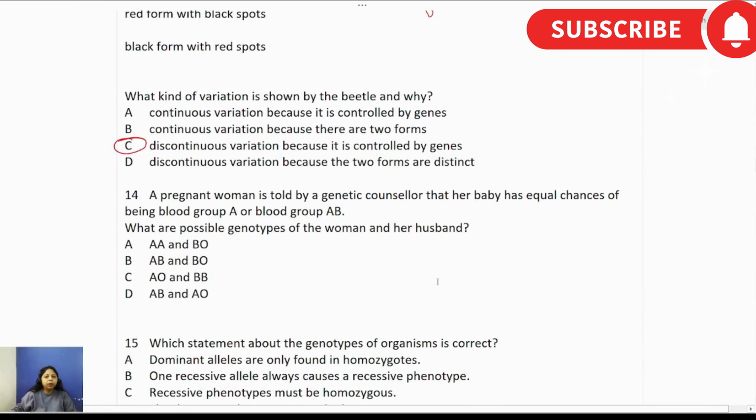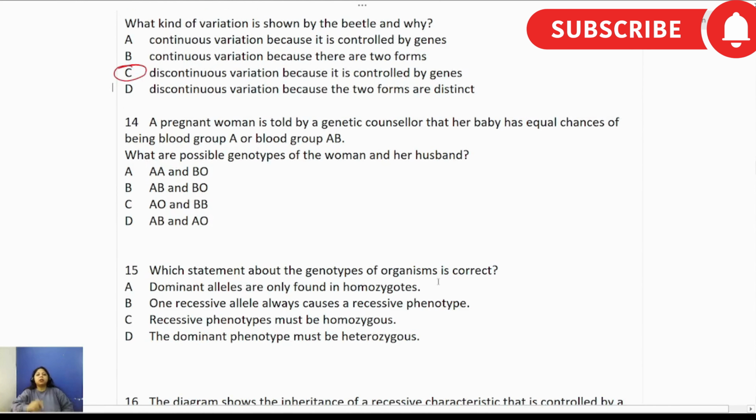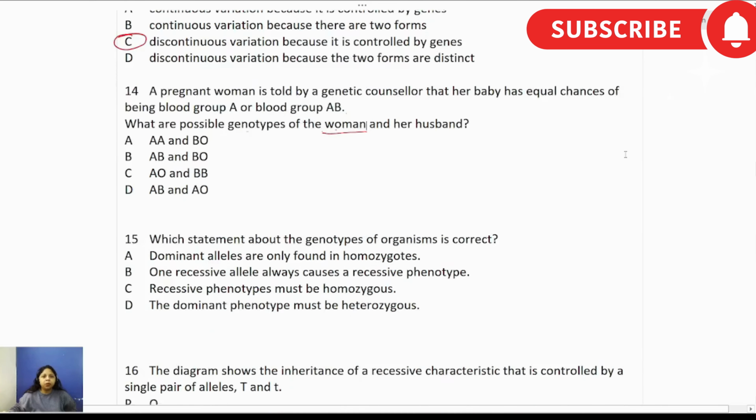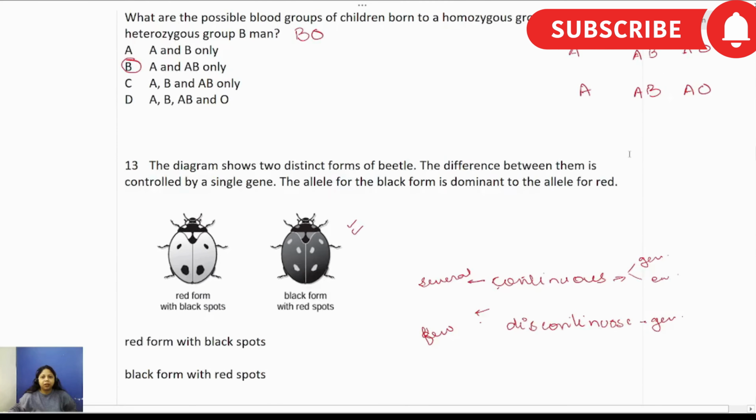Okay. A pregnant woman is told by the genetic counselor that her baby has equal chances of being blood group A and blood group AB. What is the possible genotype of this woman? It's similar to the one that we have discussed earlier.